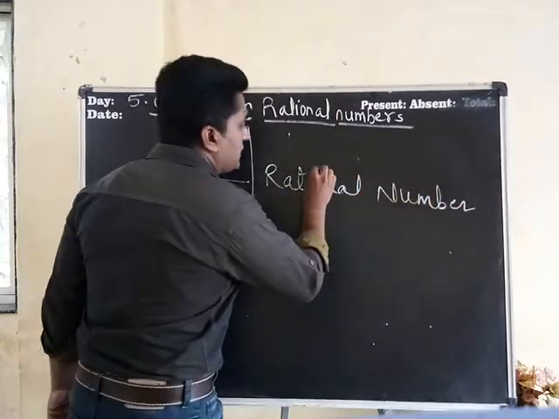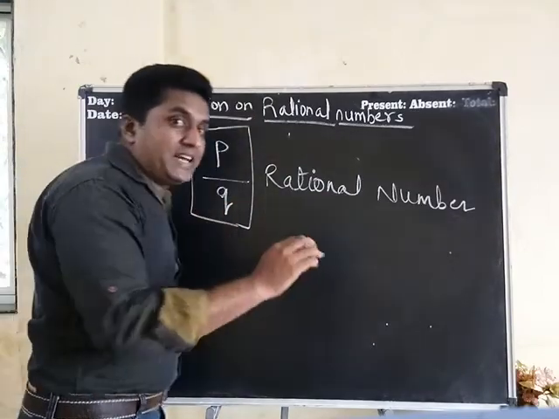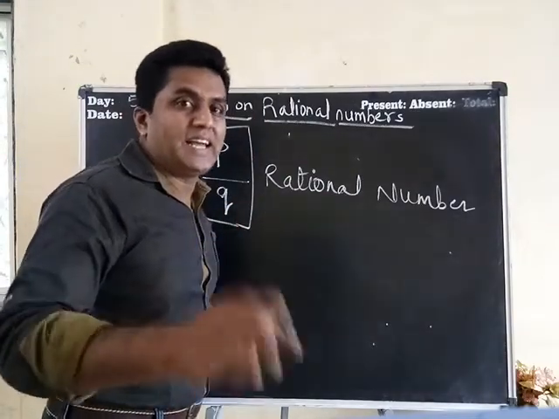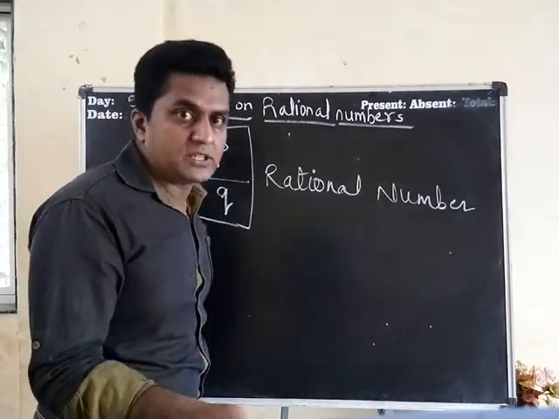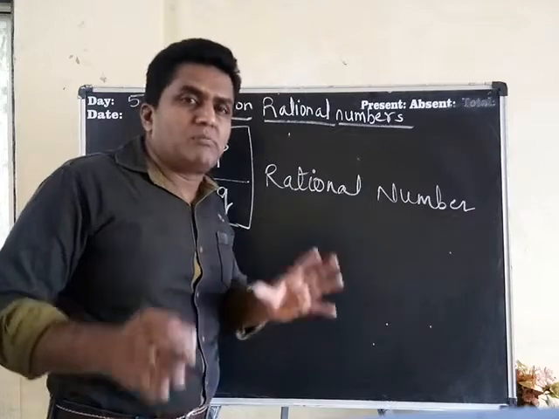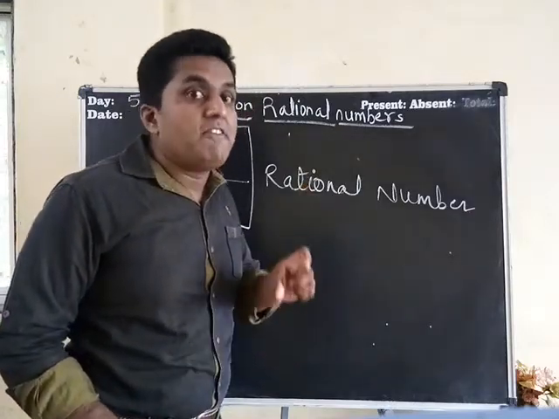Instead of P you can take any integer, and instead of Q you can take any integer. Simply, rational numbers means a fraction.